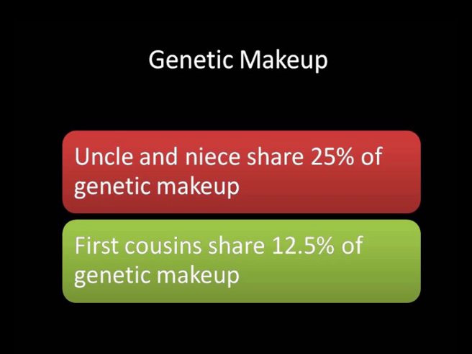Similarly, uncle and niece share 25% and first cousins 12.5% of their inherited genetic material as it originates from a common ancestor. In such situations, if there are any silent genetic defects, then the chance of such errors manifesting as a disease in the child of consanguineous parents is high.